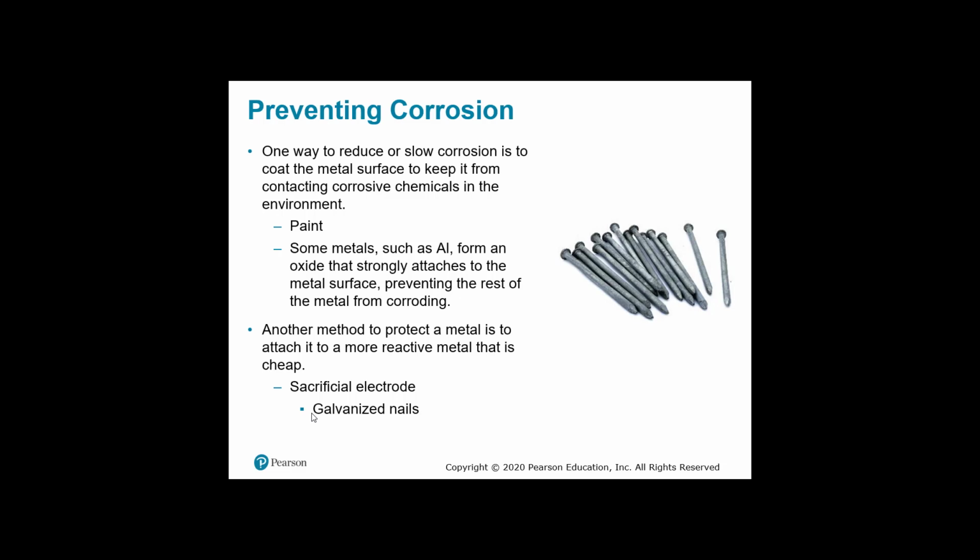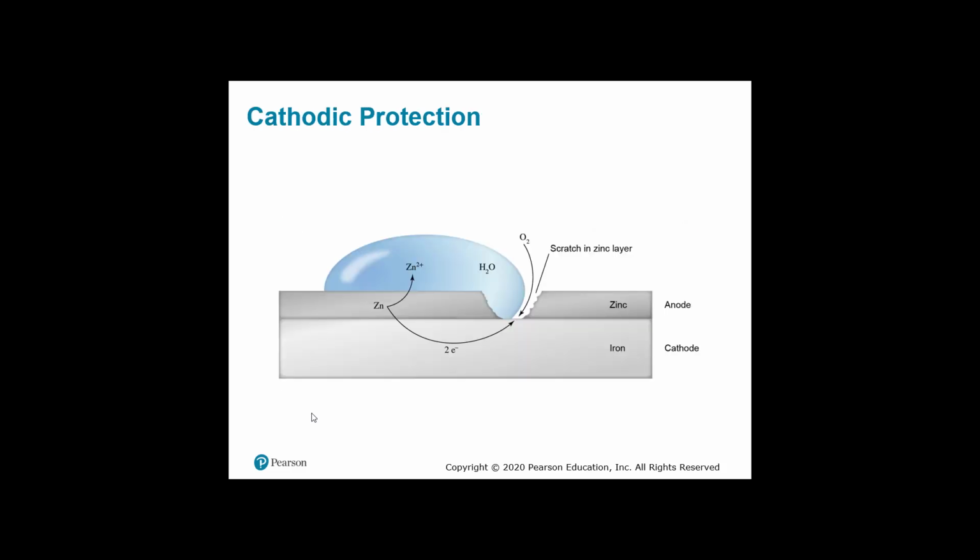That's a sacrificial electrode. That's where galvanized nails come in, because the metal that is protecting it can corrode down, but it will still protect the iron underneath it. So that's where the sacrifice comes in. You're sacrificing this cheaper metal to not lose the iron that's underneath, and that will oxidize easily.